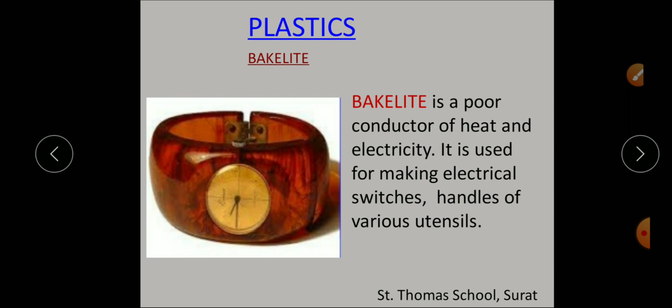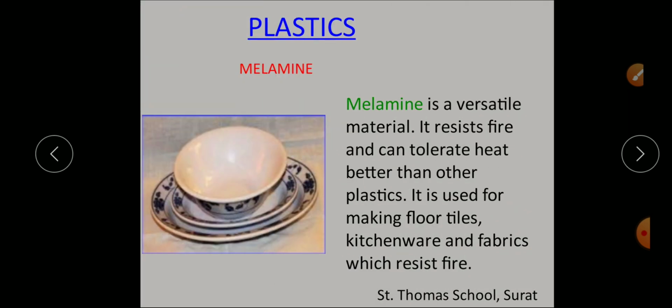Next example was melamine. Melamine is a versatile material. It resists fire and can tolerate heat better than other plastics. It is used for making floor tiles, kitchenware, and fabrics which resist fire. So, melamine is used for making what?